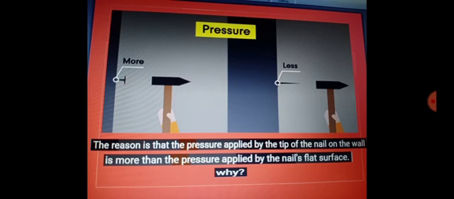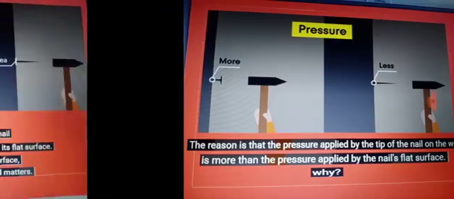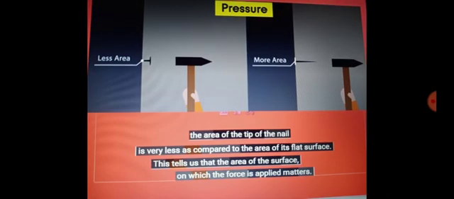And when we keep the flat end of the nail to the wall, the area becomes larger, and even if more force is applied, it does not pierce, because with a larger area, the effect of the pressure is less than when we apply pressure on a smaller area.